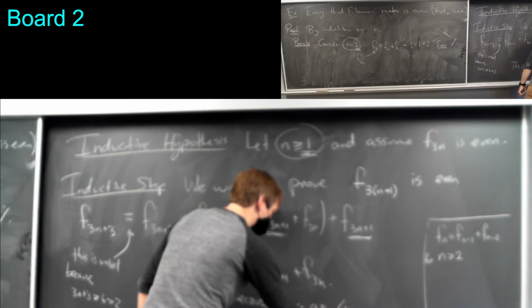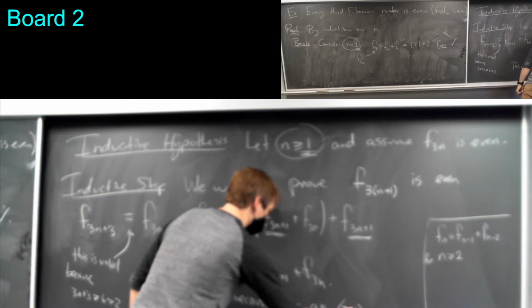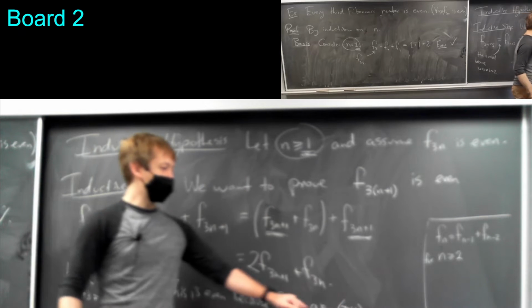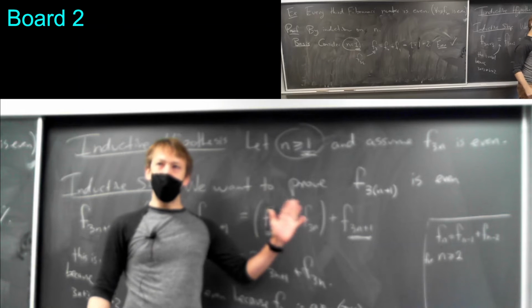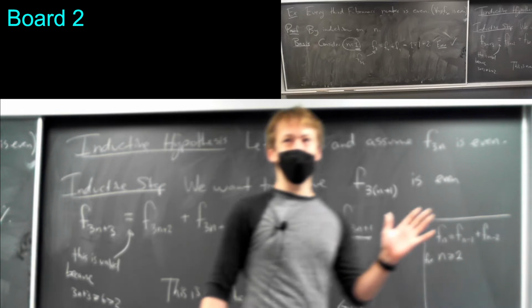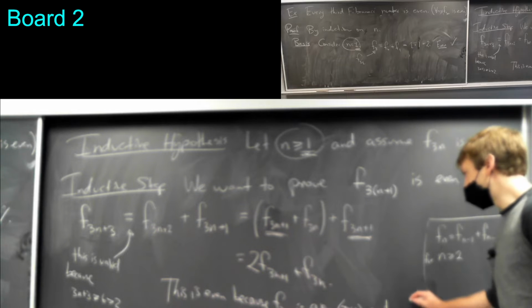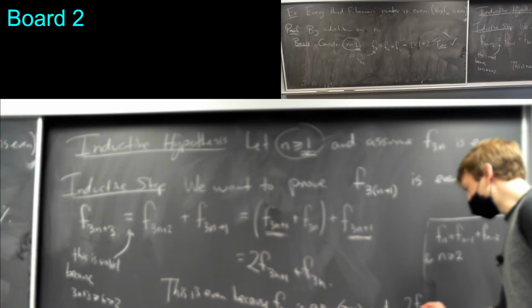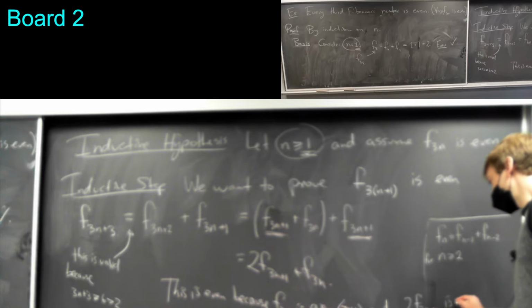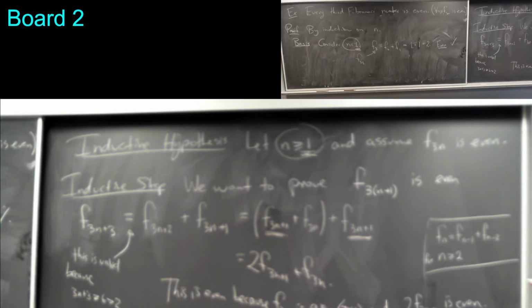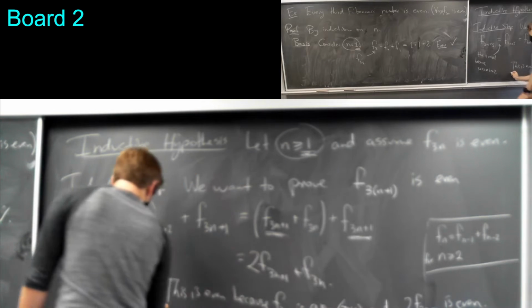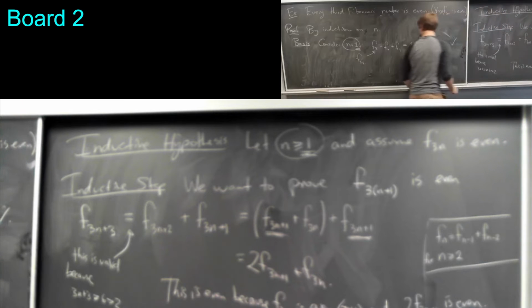And this is where I'm using my inductive hypothesis. It's important if you're ever doing a proof by induction, at some point you have to use the inductive hypothesis, or else it's not induction. And 2 times f of 3n plus 1 is even. So that does complete the inductive step.